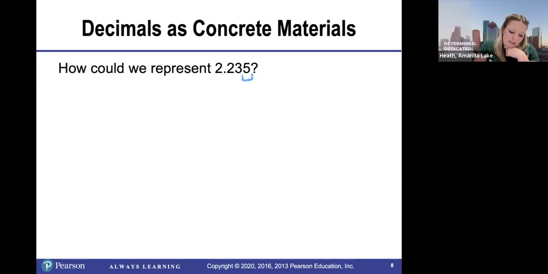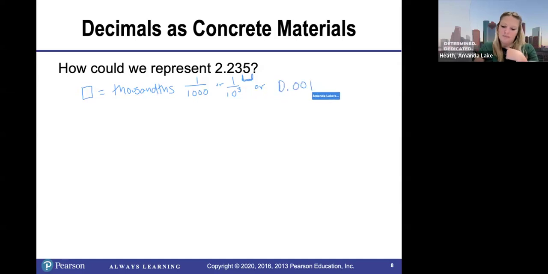So I'm going to need to let a small block represent the thousandths, which is 1/1000, or 1/10 cubed, or 0.001. So my small block is going to be representing thousandths.